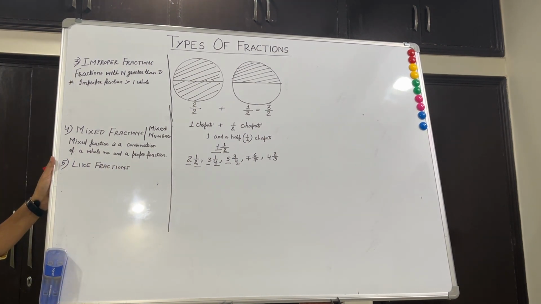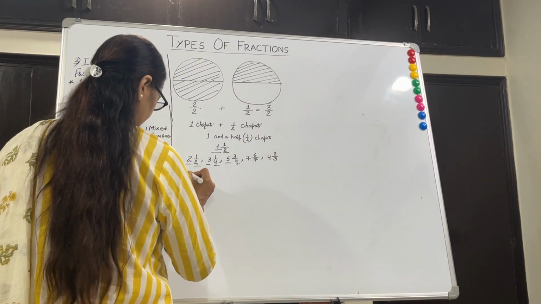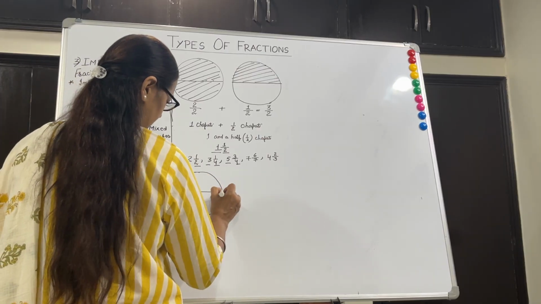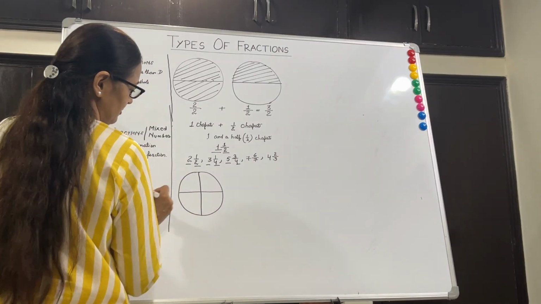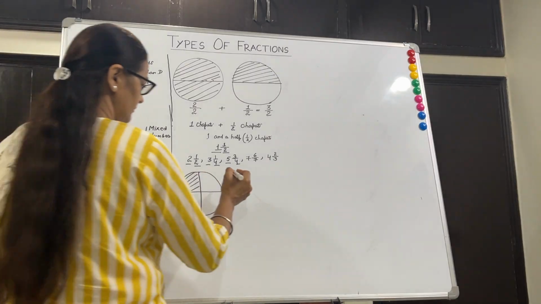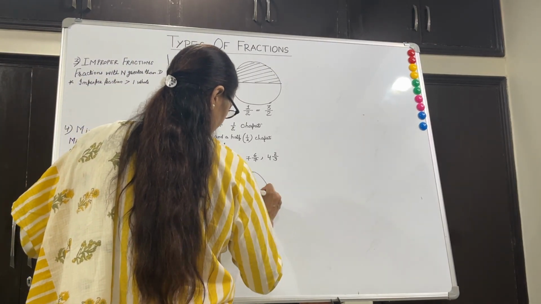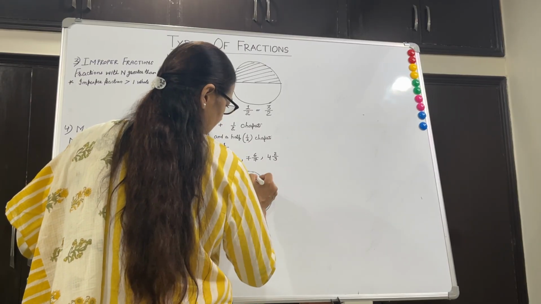Then our 5th type is like fractions. Like fractions. Again, taking an example, dividing this whole into 4 equal parts and shading one part. Again dividing this whole into 4 equal parts, shading 2 parts.